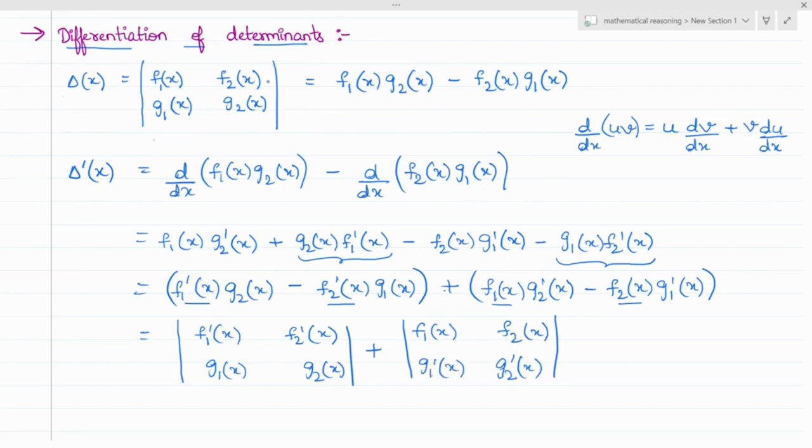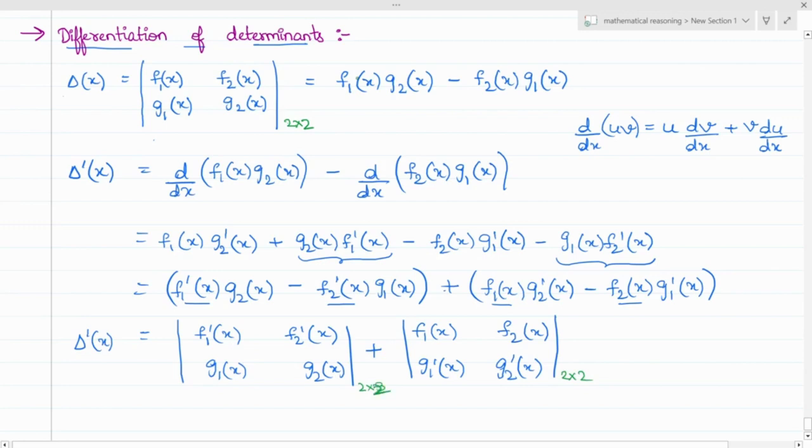You can also verify by doing the cross multiplication. So finally, you can write the differentiation of a determinant as the summation of two different determinants. If you observe, there are only two rows and two columns. It's of order 2. So after differentiation, you will get the summation of two different determinants of order 2 itself.